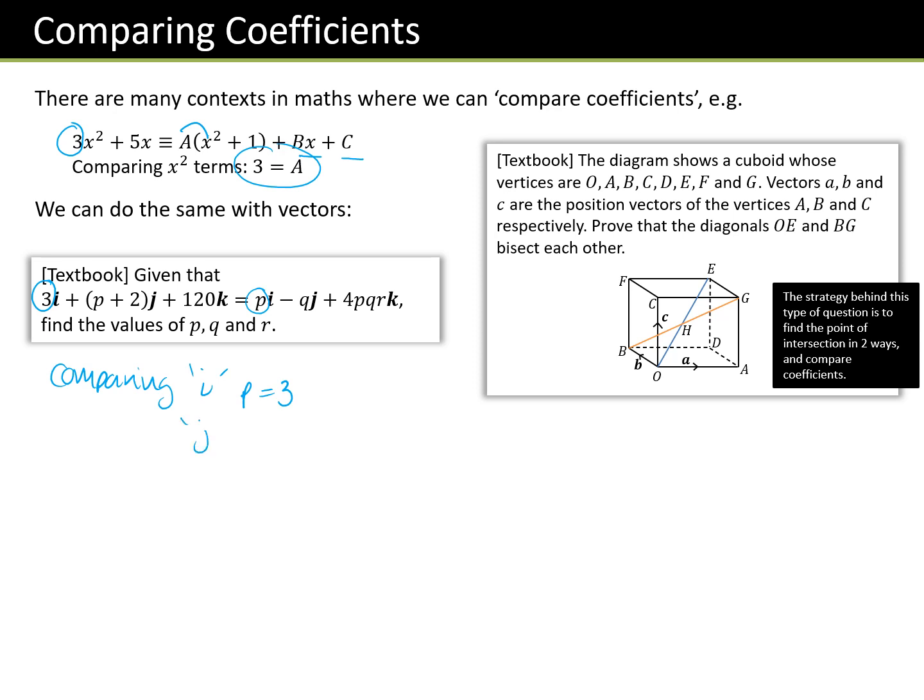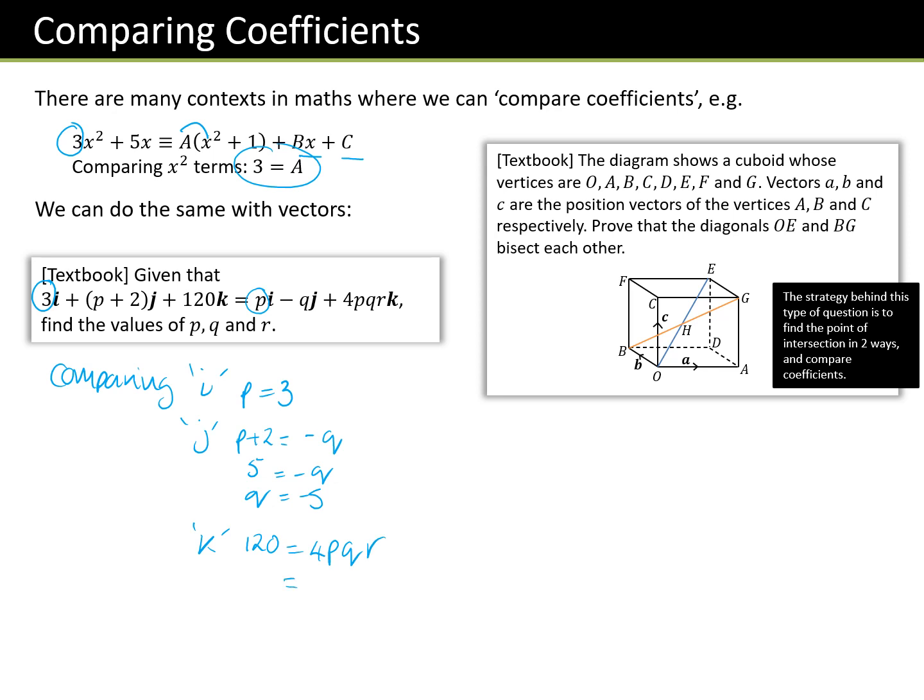Now comparing j, we can see that p plus 2 must equal minus q. So p plus 2 is going to be 5 is equal to minus q. So that tells us that q is equal to minus 5. And then comparing the k, we've got 120 must equal 4pqr.